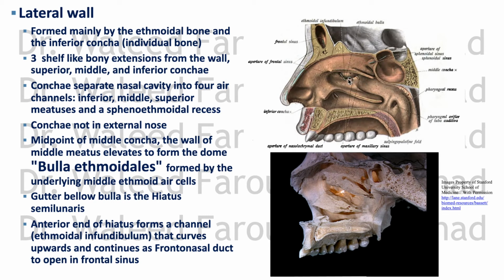But you should know that the major opening, of course, is in the middle of the hiatus semilunaris, not posterior, not anterior, and it's right beneath the bulla ethmoidalis. So the opening of the maxillary air sinus is below the bulla ethmoidalis in the middle of the hiatus semilunaris. Okay?